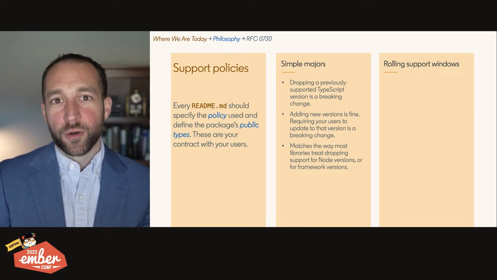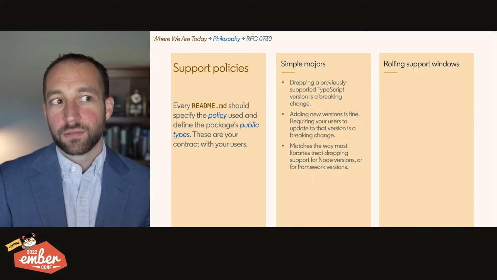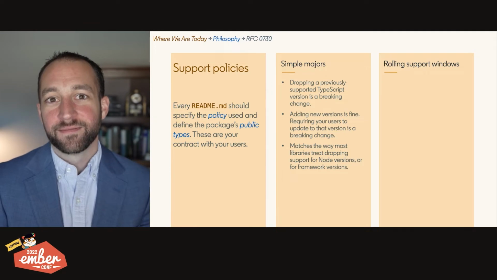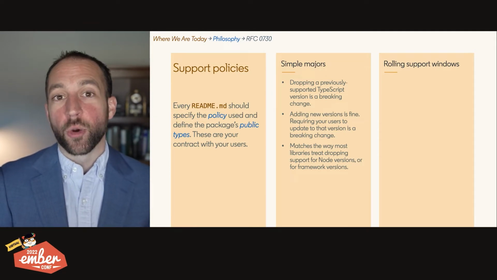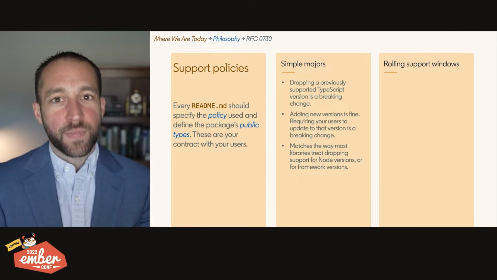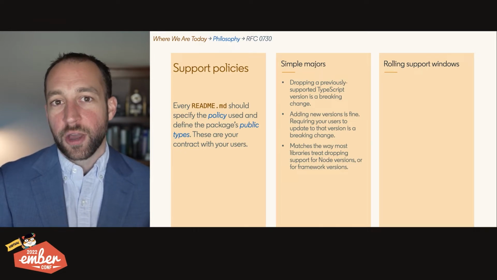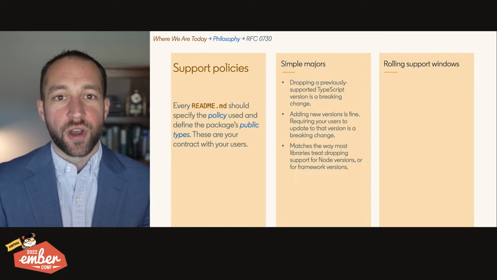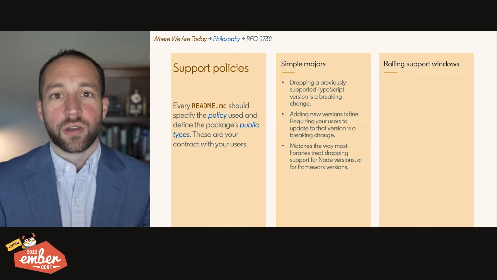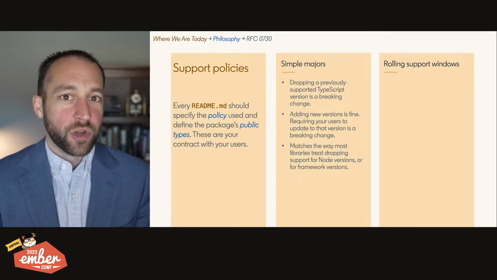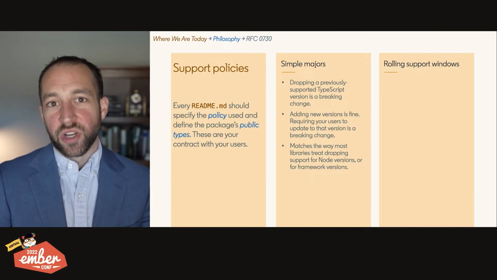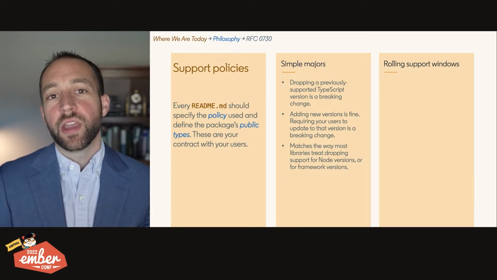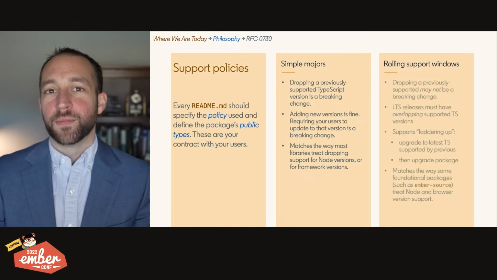If you drop support for an existing TypeScript version, that's a breaking change for your library. That's it. You can add support, of course, but you can't make people upgrade their TypeScript version without it being a breaking change under this policy. And this matches ecosystem norms around things like Node. When a Node LTS goes out of support and we drop support for it, most libraries call that a breaking change.